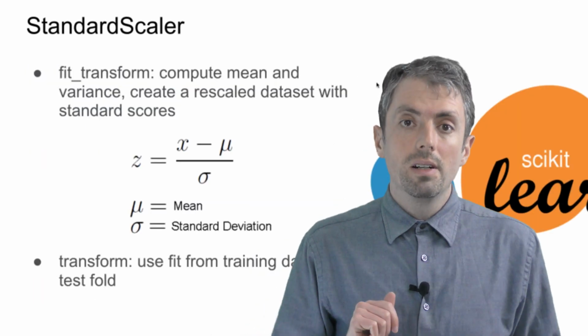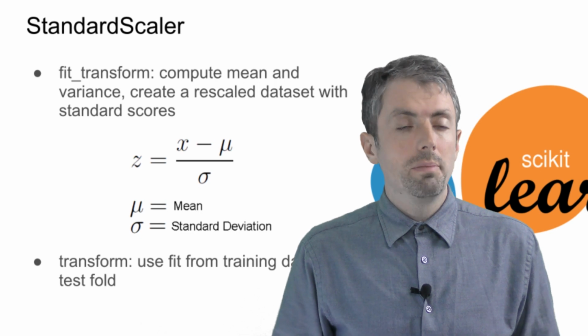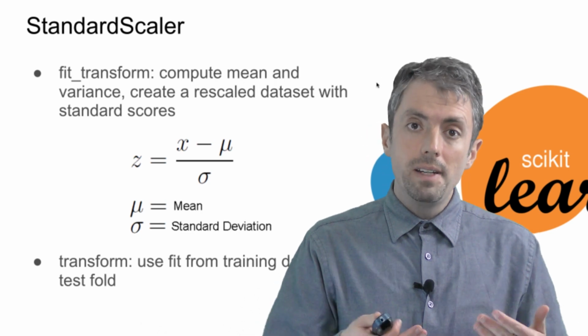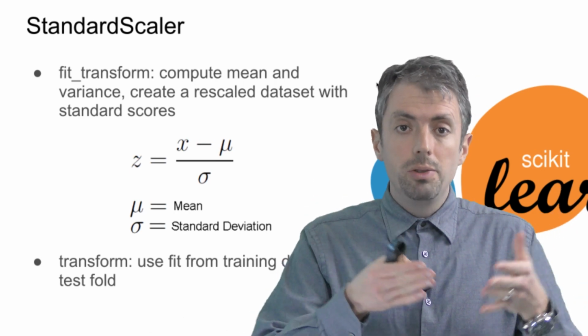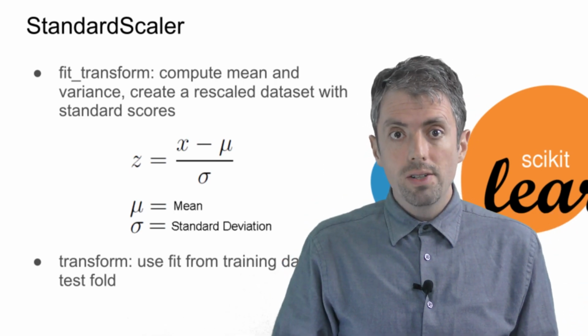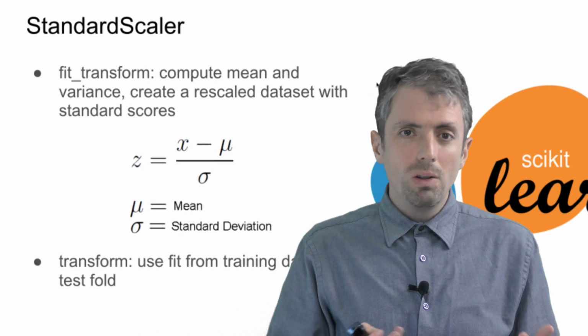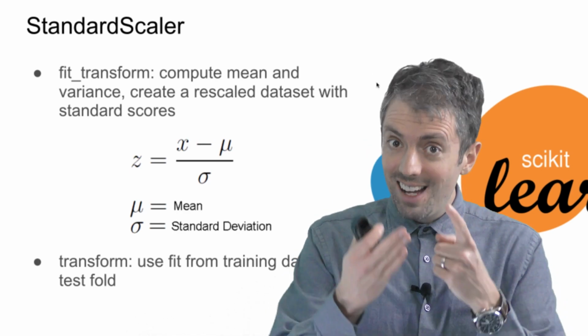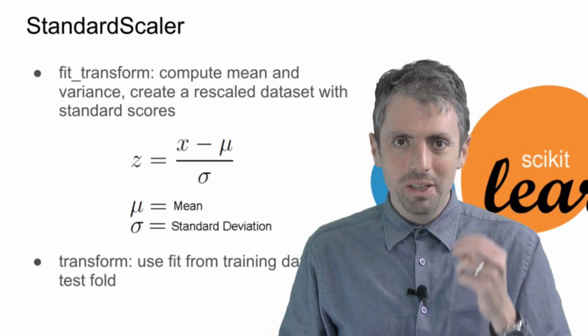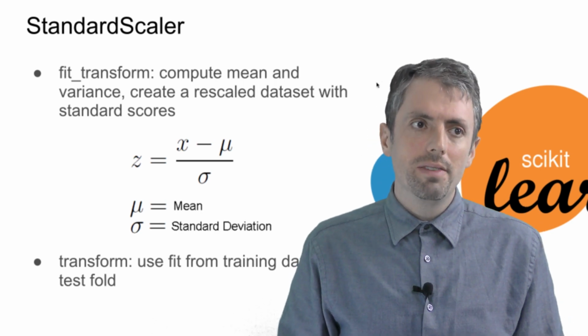Another sklearn utility function that Python Engineer uses is fit transform. Fit transform allows you to scale your feature values so that they all look like they come from a normal distribution. And not only from a normal distribution, but a normal distribution with mean zero and unit variance.